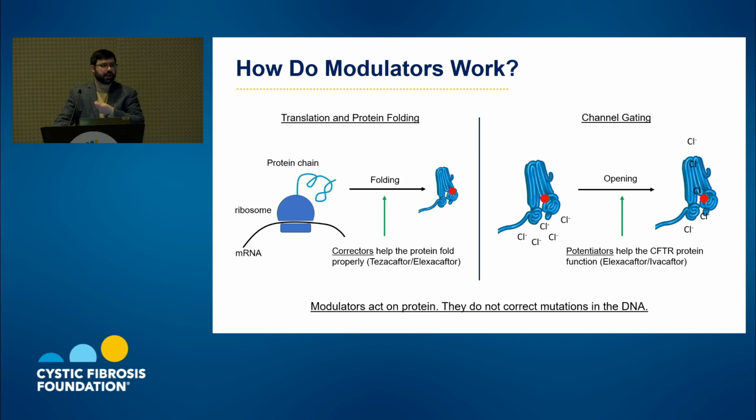As your mRNA is being translated by the ribosome, the machinery that does that, it then folds properly by adding the corrector. And then adding in a potentiator helps that protein ultimately open properly. Trikafta is made up of three drugs that are different correctors and potentiators. So again, modulators act on protein. They don't impact the DNA, so they're not genetic therapies.